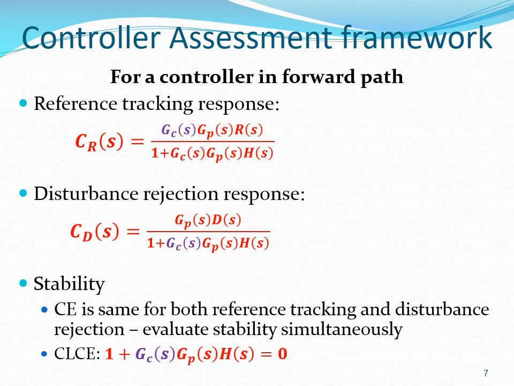For stability, we notice that the characteristic polynomials of the reference tracking response and the disturbance rejection response are the same. Since stability depends on the characteristic polynomial, it means we can evaluate the stability of both the responses simultaneously.